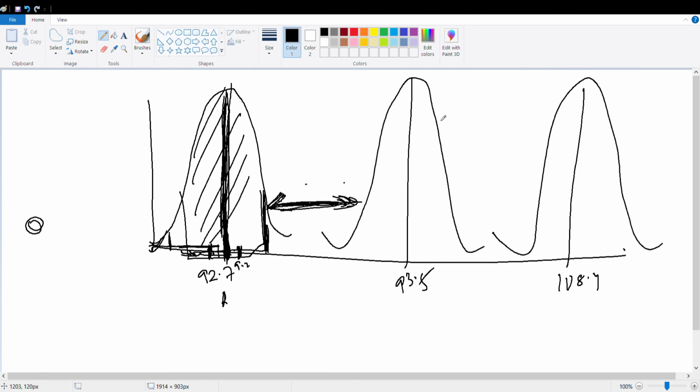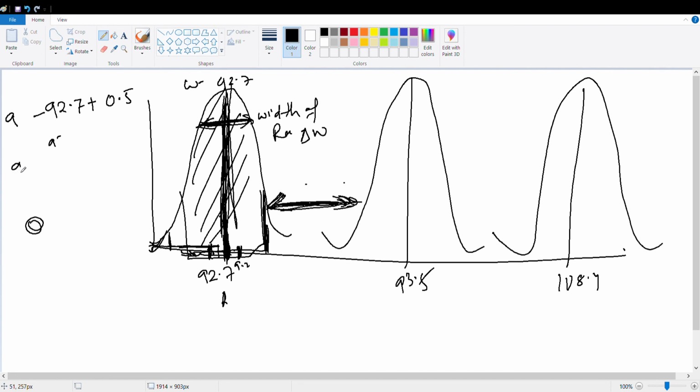And this one is called the width of the resonance. It's called delta omega. That means around this 92.7, this delta omega is not allowed. If omega is 92.7, then maybe it is 92.7 plus 0.5 and 92.7 minus 0.5.